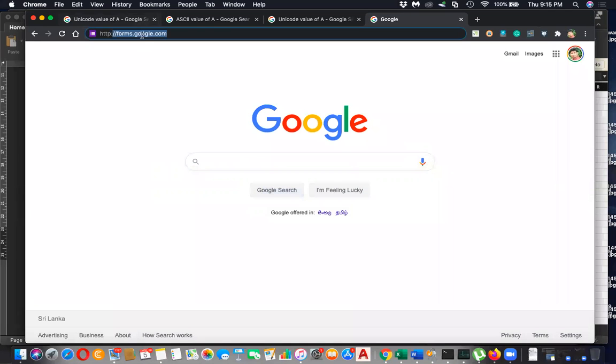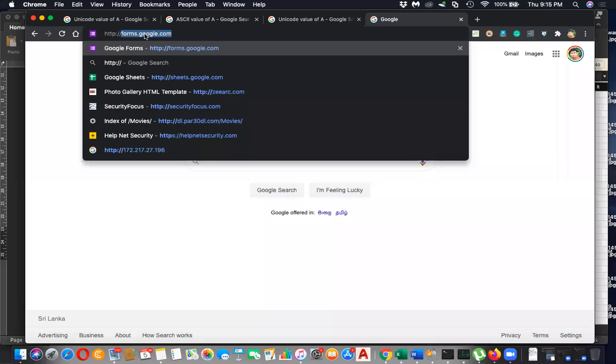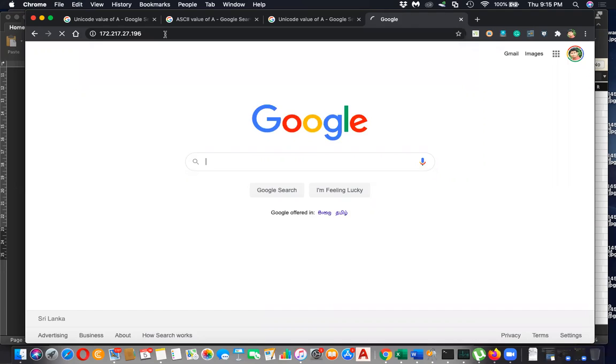So if I go to Google and say, using the hypertext transfer protocol, please give me the service from this IP, then it will reply saying, I am google.com. That's what really happens in the environment.